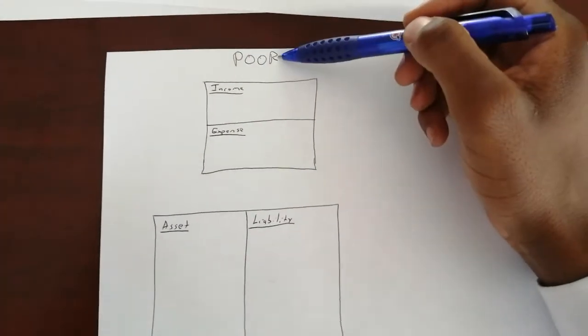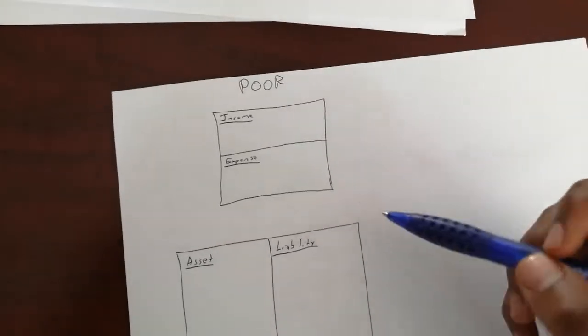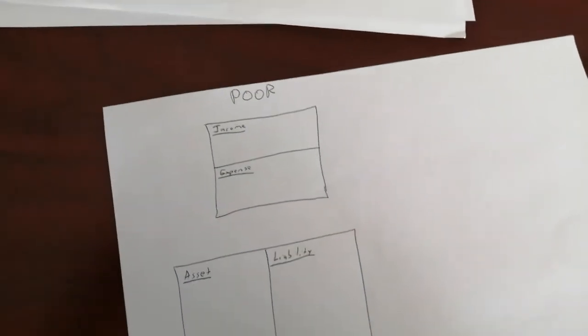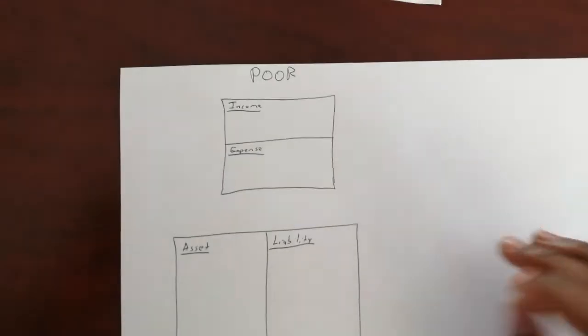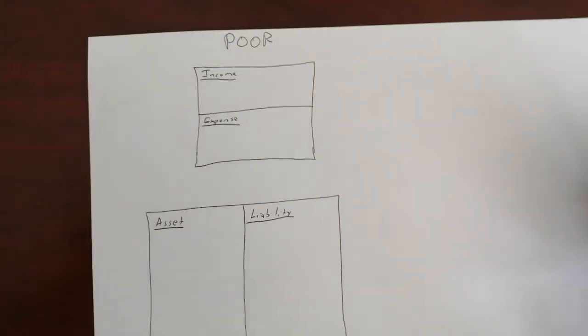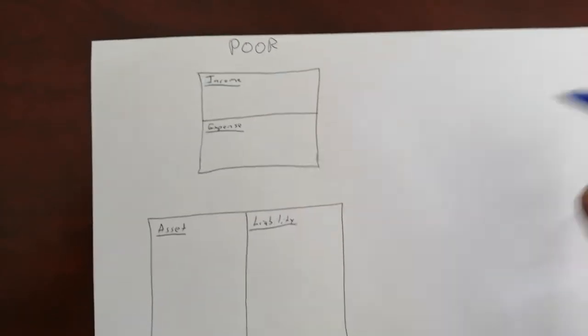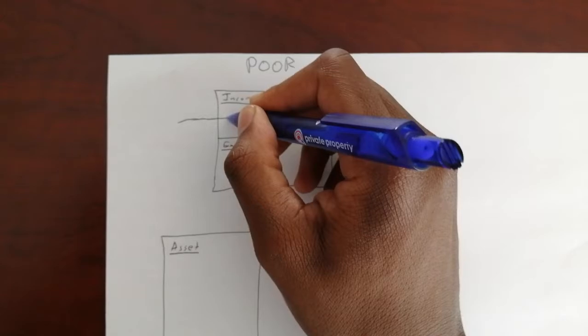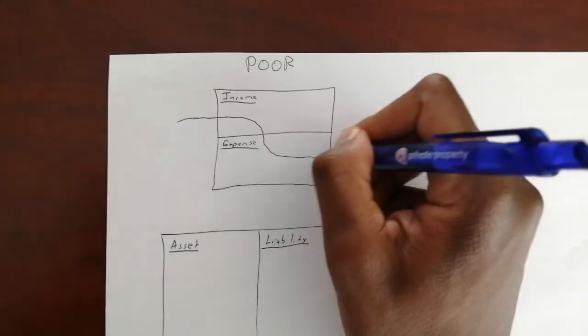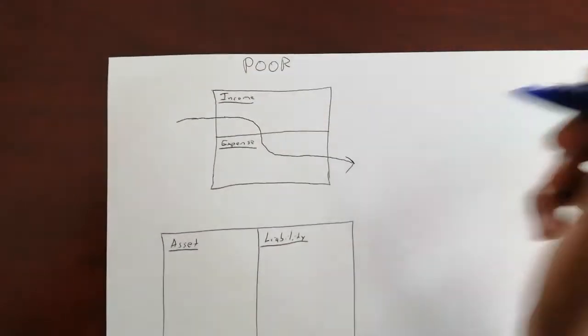Okay, so it says poor here. Why? It's because I'll be showing you the cash flow of a poor person. So a poor person, because they don't really earn much money most of the time, what they do is they earn money. Then after earning money, all that money leaves through their expenses.